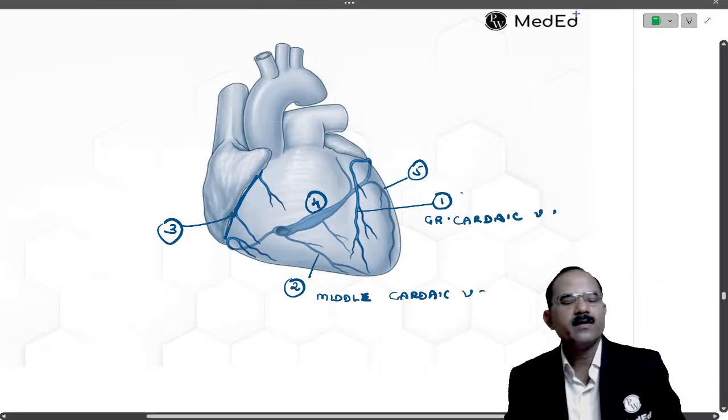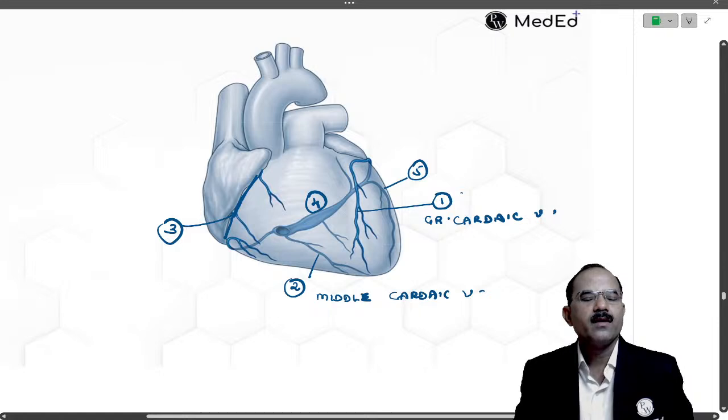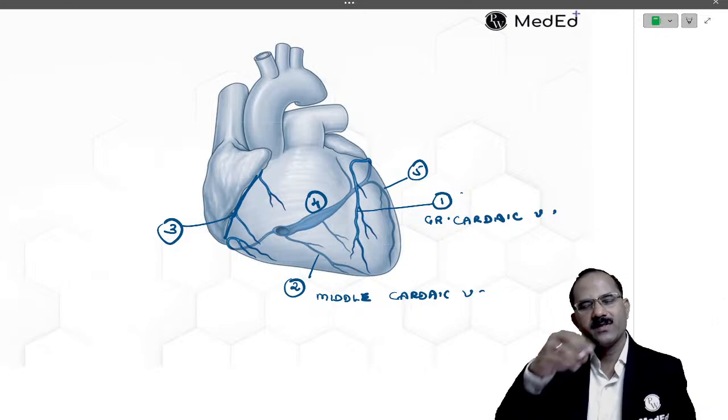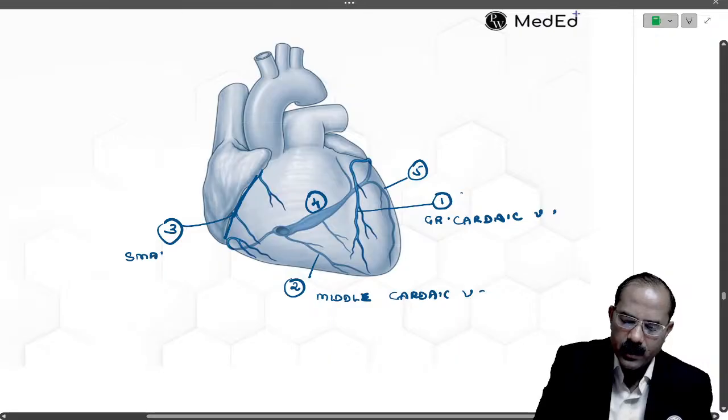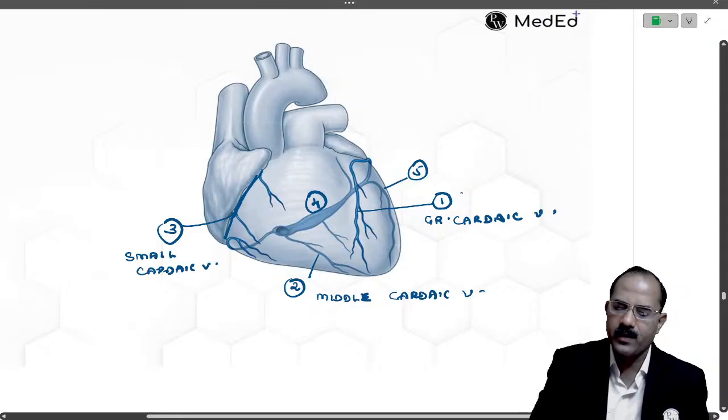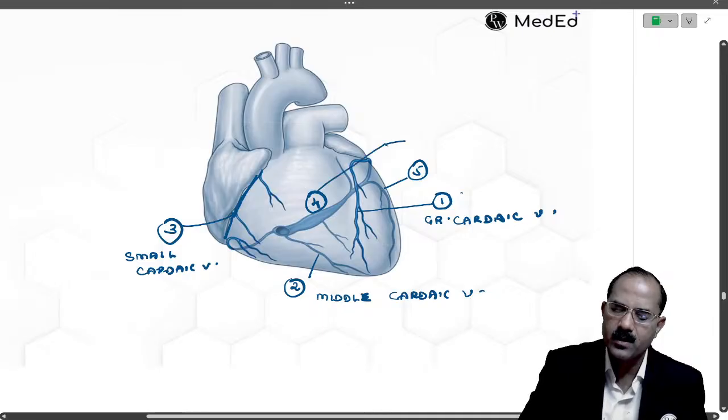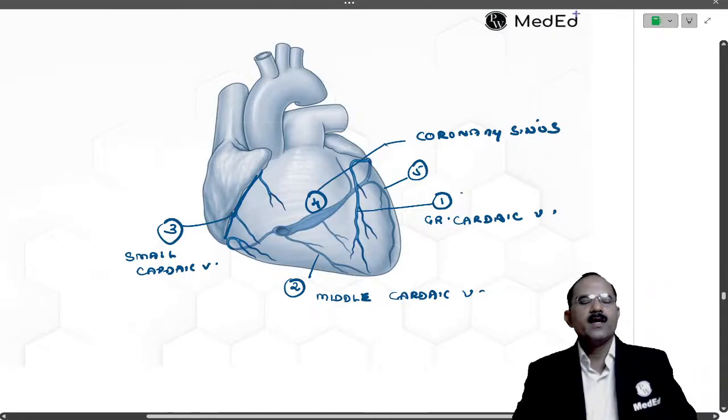What is this? This is the small cardiac vein, and this number 4 is the coronary sinus.